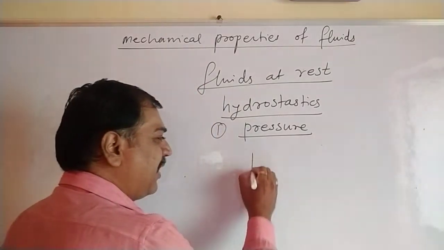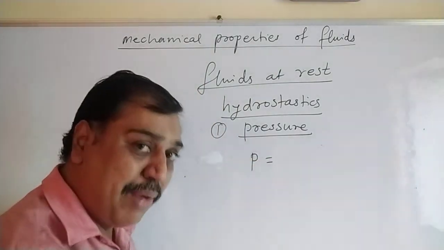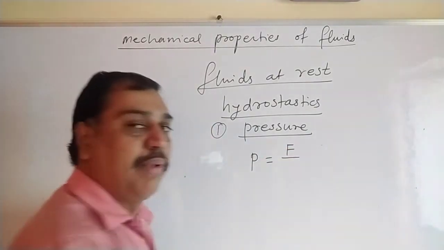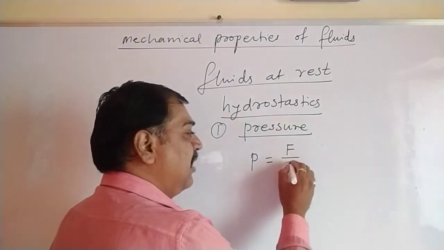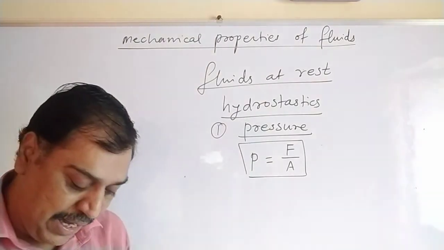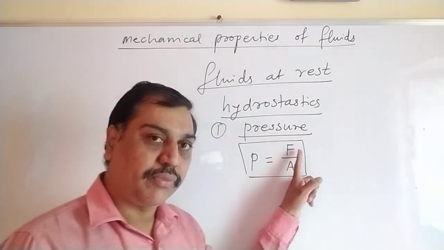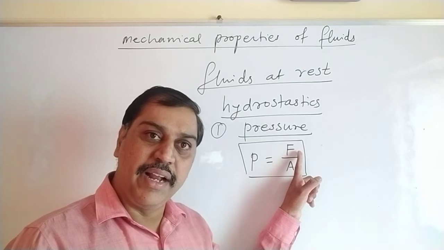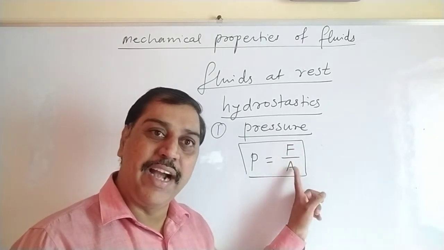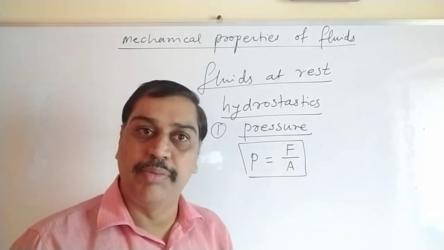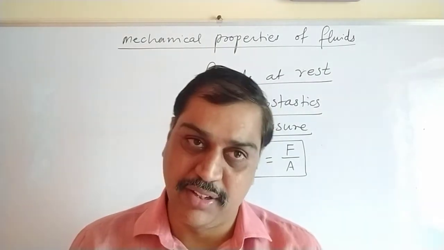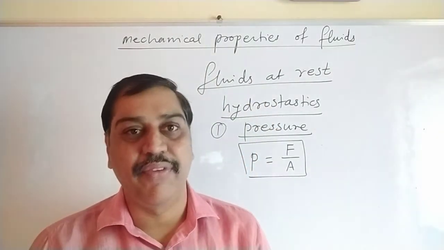Suppose the pressure is represented by P, the force applied by the fluid on the wall of the container is F, and the area on which it applies the force is A. Then the pressure is given by the formula P = F/A. The force exerted by the fluid on the wall or base of the container having some area A, applied per unit area, is the pressure exerted by the fluid on the wall or surface of the container.